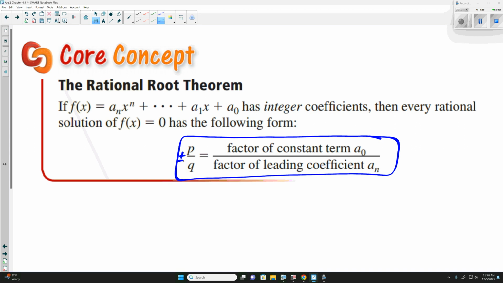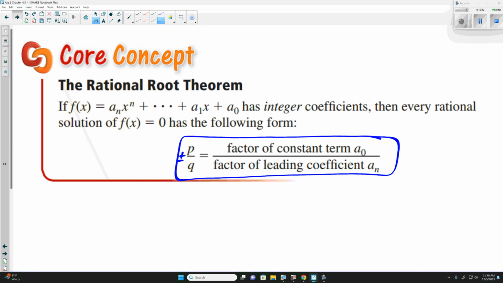And this here, P over Q, will give us all of the possible rational zeros that we could have. So if a polynomial function has rational zeros, this equation here, plus or minus P over Q, will list them out. It will give us all the rational zeros.